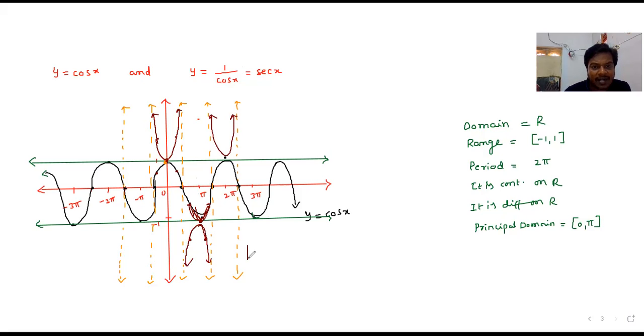Next, in this interval. Okay, and here it is like this. And next, we get the graph in this way. And here there is a gap. Next here. And here there is a gap.